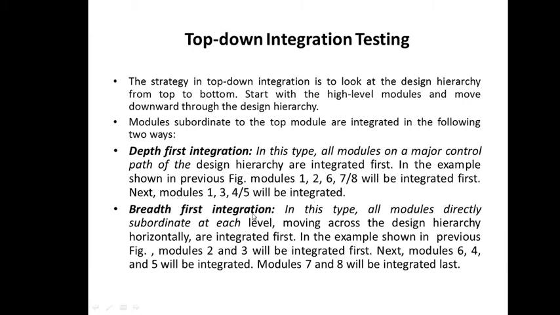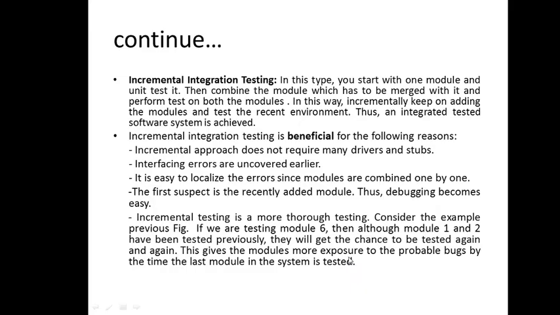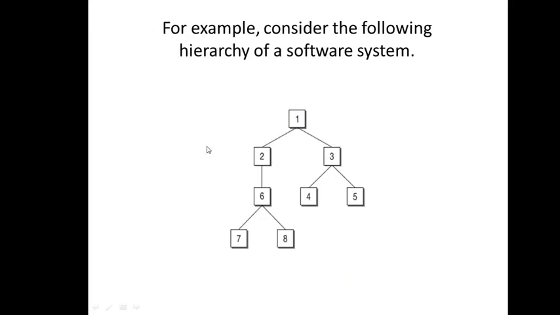Well, if it is breadth first, we'll move breadth wise. First of all, modules 2 and 3 will be integrated. Coming to the diagram, 2 and 3 breadth wise. This is breadth. This is depth. So 2 and 3 will be integrated first. In the second cycle, 6, 4, 5 will be integrated, and in the third step, 7 and 8 will be integrated.